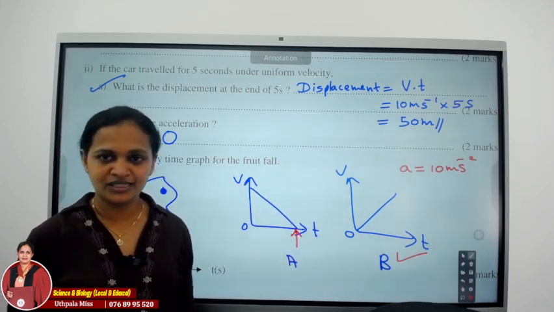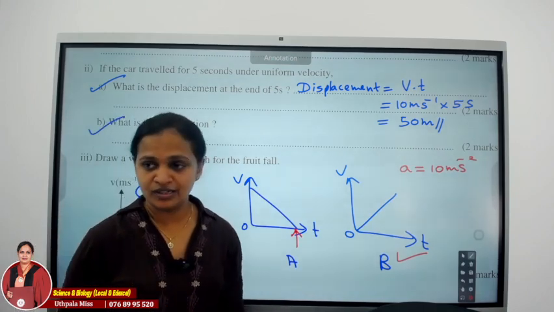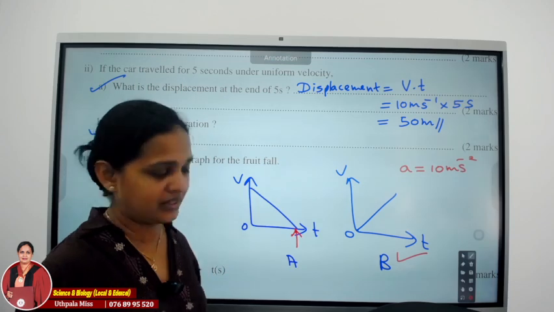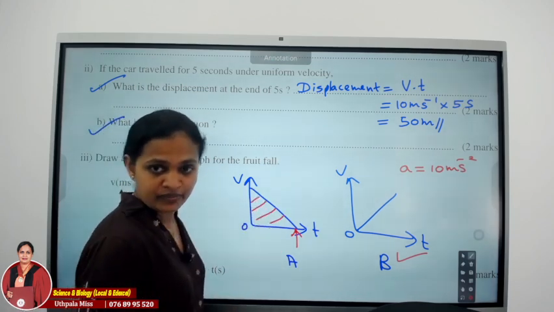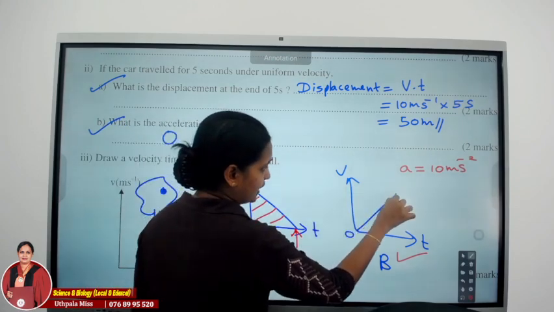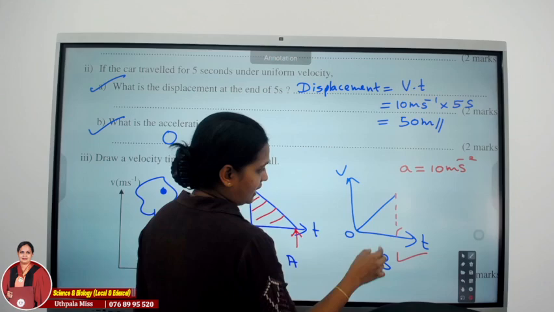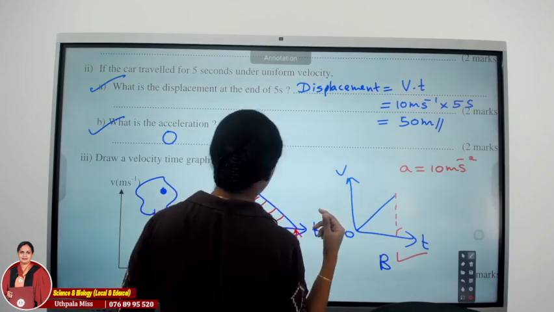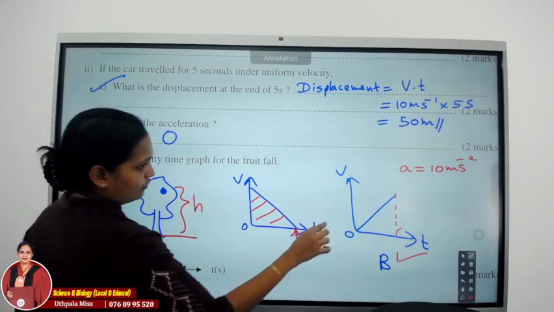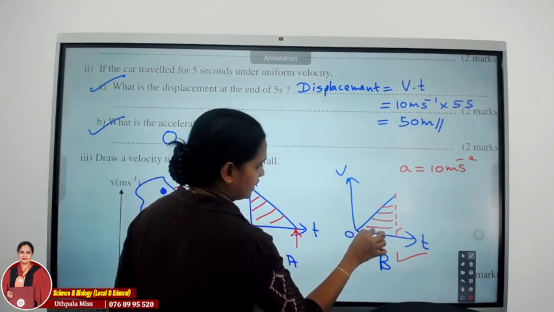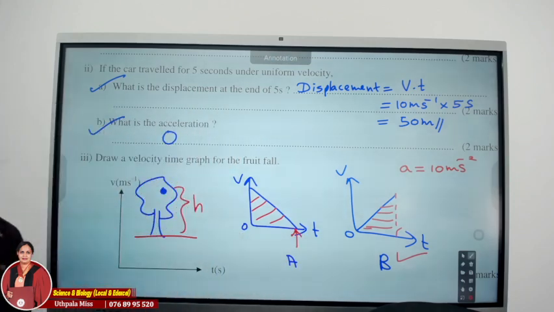If you are asked how to find the maximum height it reached, you have to find the area of this graph. If you are asked to find the height of the tree, or the height at which the fruit was from the ground level, you have to find the area of this graph, because the area of a velocity time graph gives the displacement.